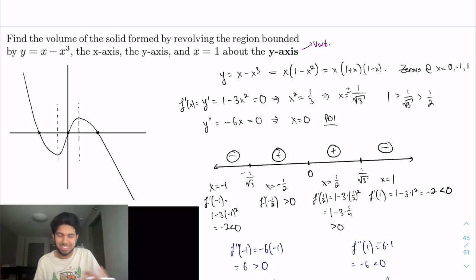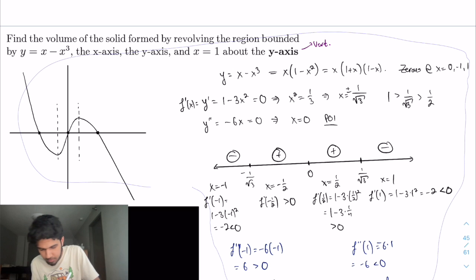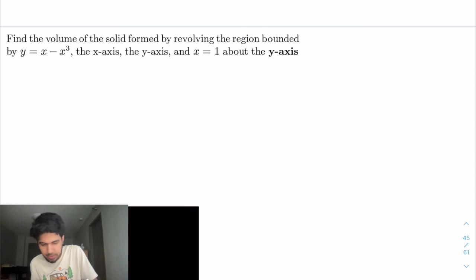So a nice little review of curve sketching. Now I'm going to erase all of this and only draw the first quadrant, because that's where our lines bound the curve. So let's highlight all of this and delete it.